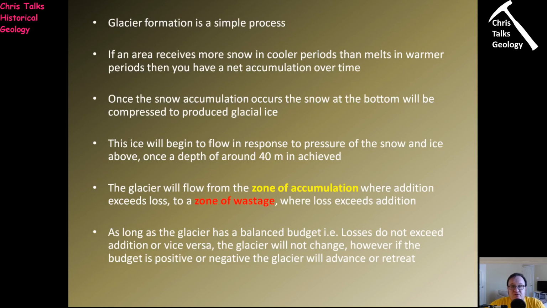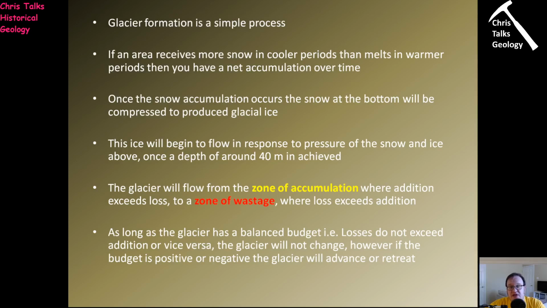So glacier formation is actually a surprisingly simple process. We want an area that receives more snow in cooler periods than melts in warmer periods, so you get a net accumulation over time. Once the snow accumulation occurs, the snow at the bottom will be compressed and that will produce ice.